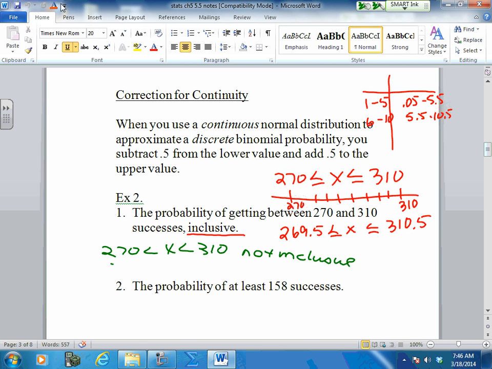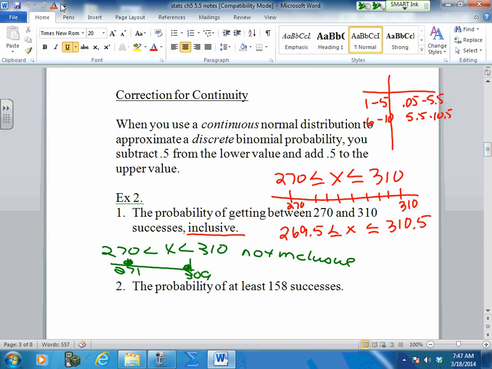So now I'm starting at what number? 271. And I'm ending at what number? 309. So these are the numbers now that you have to drop 0.5 and add 0.5 to. See the difference with the inclusive?